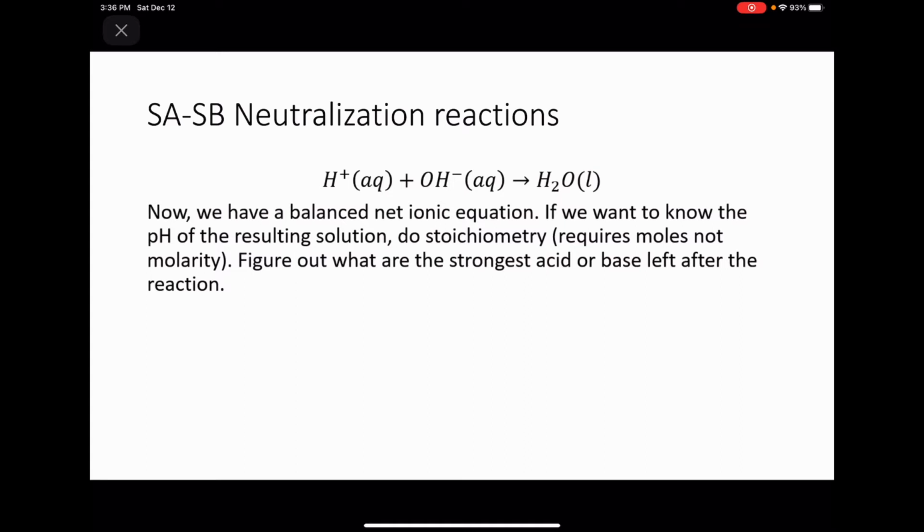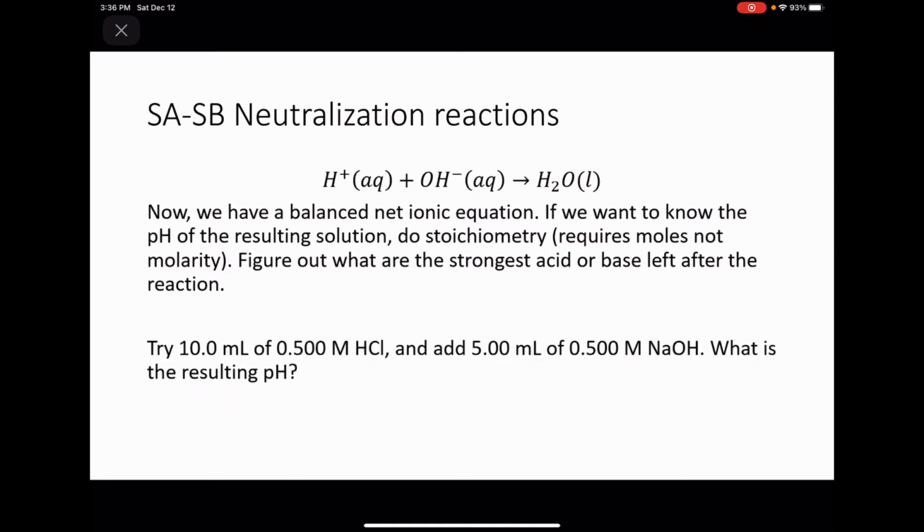And then at the end of that stoichiometry, you figure out the strongest acid or base left. That's what dictates the pH of the solution. So let's do this process for 10 milliliters of 0.5 molar HCl and 5 milliliters of 0.5 molar sodium hydroxide and figure out the resulting pH.